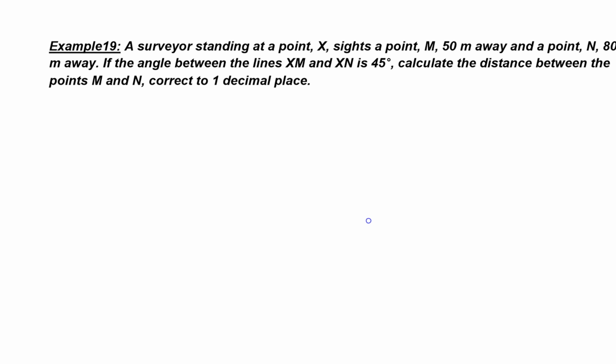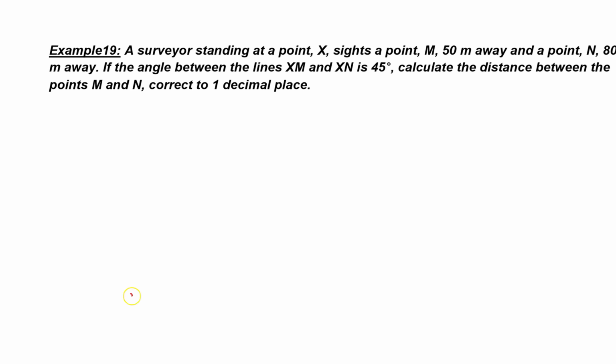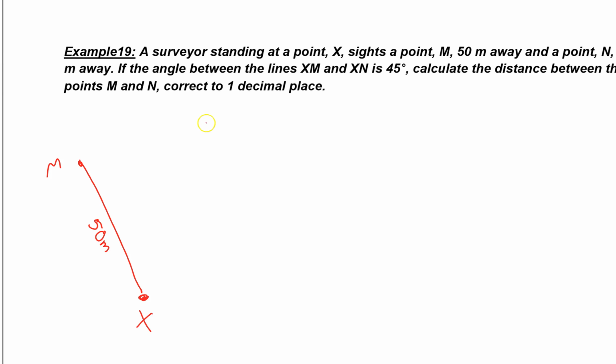Here's another one. We don't have a picture this time. Got a surveyor at point X. M is 50 metres away, N is 80 metres away and there's 45 degrees between.